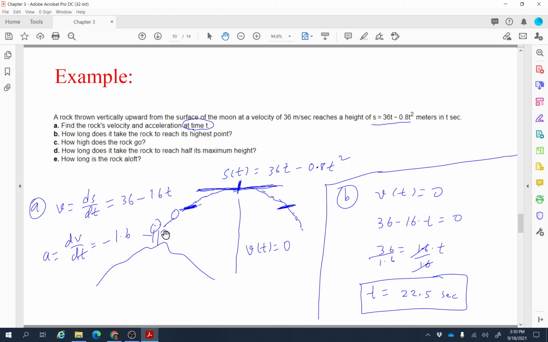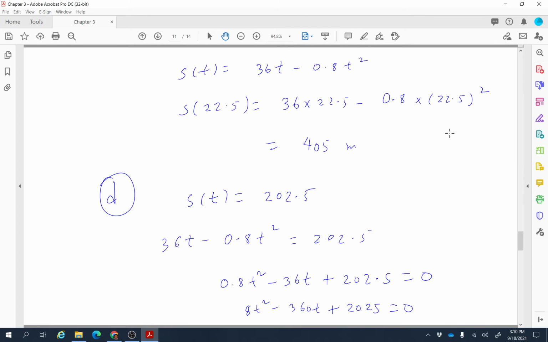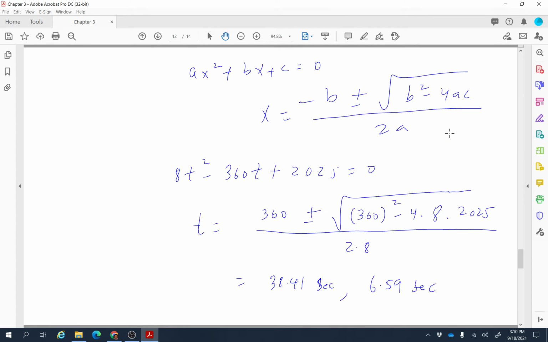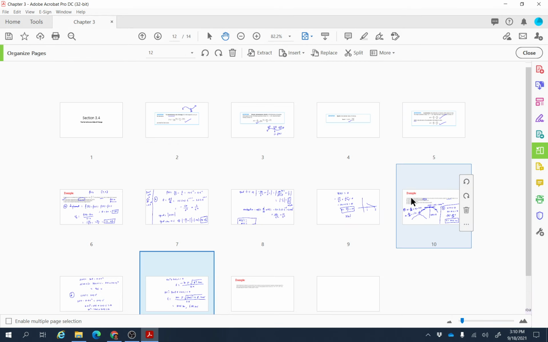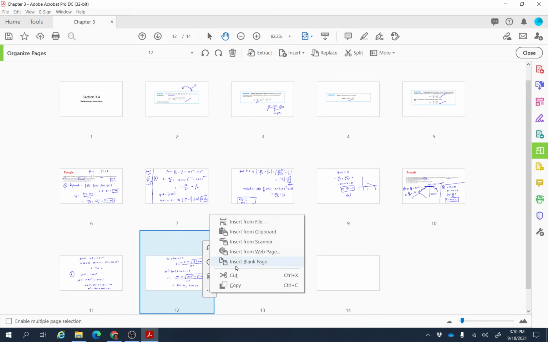So we need to find out the points where the height of this rock would be 0, and by looking at that time frame, from when to when, we will answer this part E. So find out when the height is 0. So this is also solving another quadratic equation.